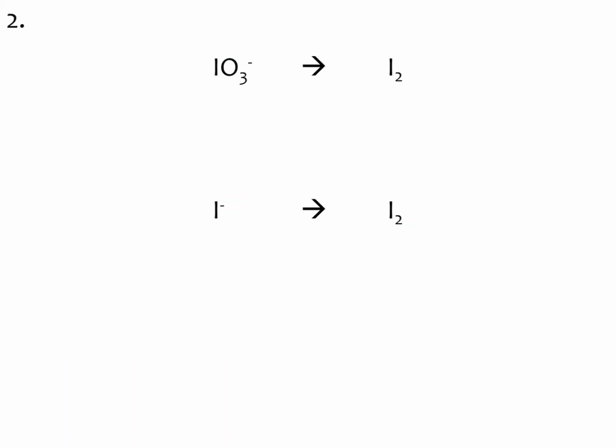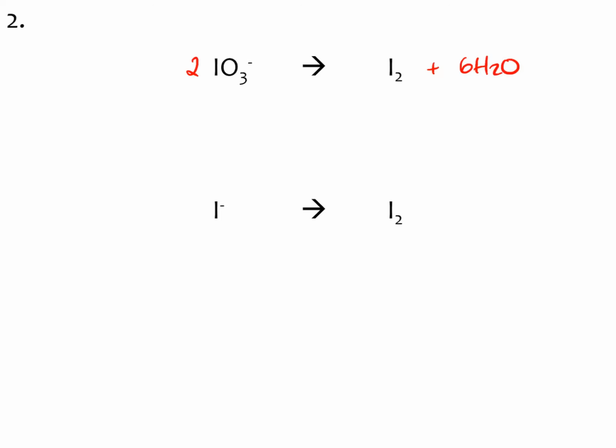And the answer to number 2. We have already done the first equation earlier on in the video, which is a little bit of an error, but we'll carry on doing that one anyway. So iodate forming iodine. First of all, balancing the essential elements, we have 2 I's on the right hand side, but only 1 on the left, so we need 2 iodates. We then need to balance the oxygens by adding waters. There are currently 6 oxygens on the left hand side, so we need 6 waters on the right.